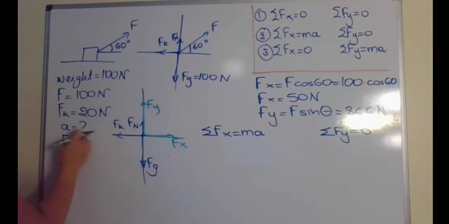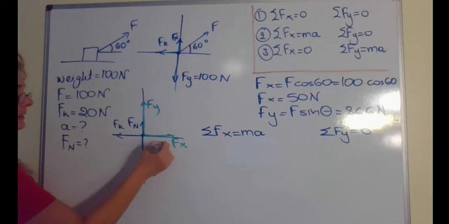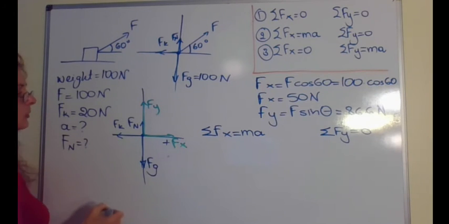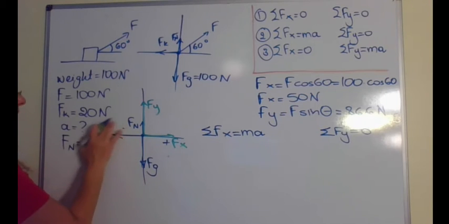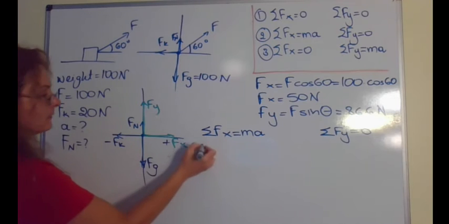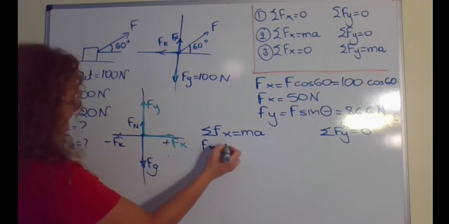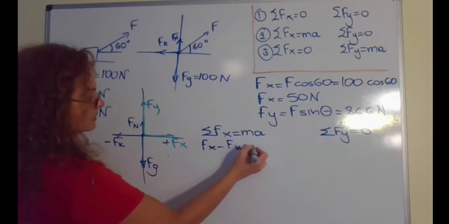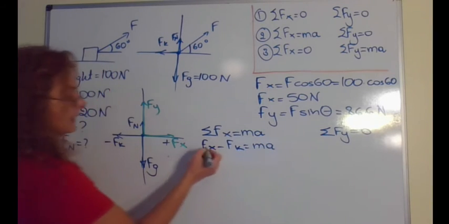Going to the x-axis, I have 3 forces. I will consider this direction to be positive, and I have the friction, which is negative. So I have that Fx minus friction equals mass times acceleration.